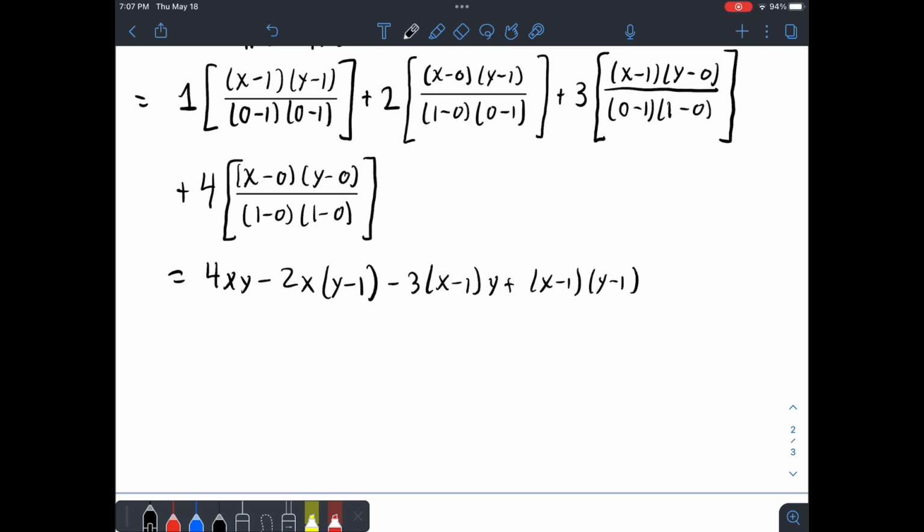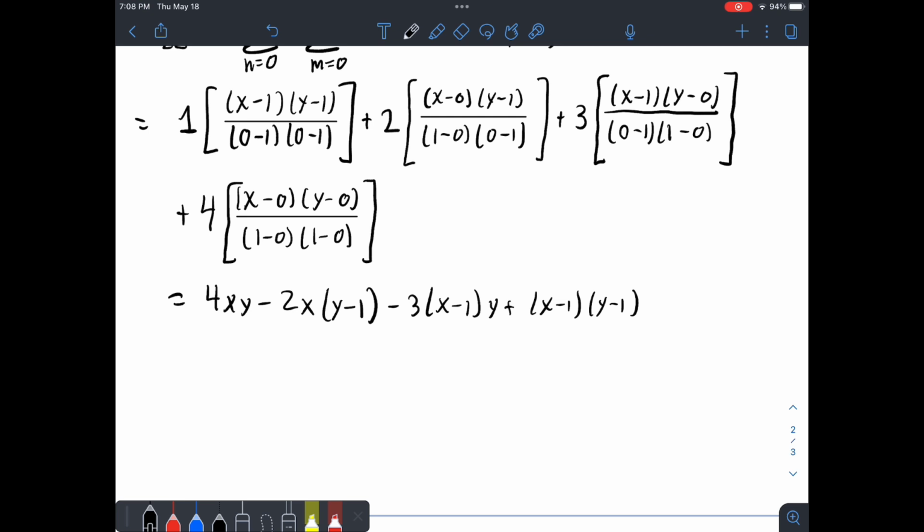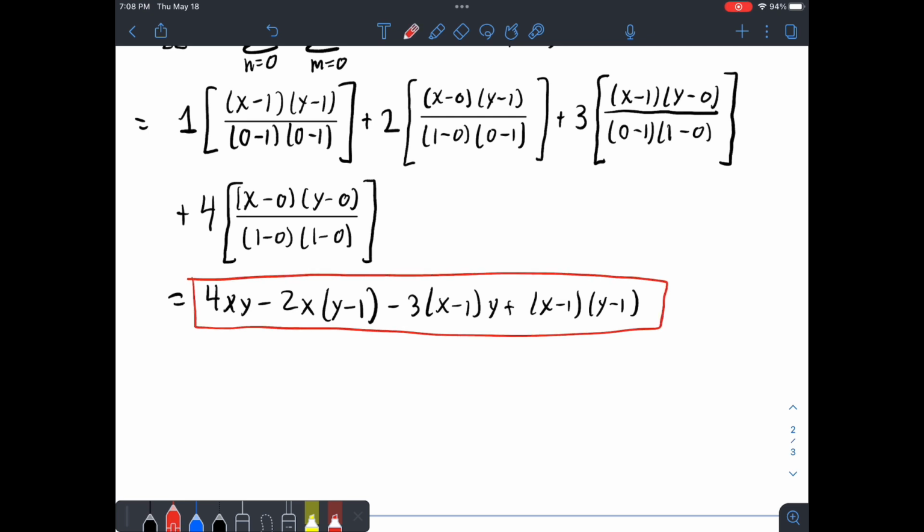And then this should make even more sense now that we have this going on. We can see that at the point 1, 1, we're equal to 4. At the point 0, 0, we're equal to 1, right? So I wrote it like this so that we could see that this is the condensed form of what we have up top. So this is going to be the answer to our example. And now let's actually head over to GeoGebra and see if this is correct.